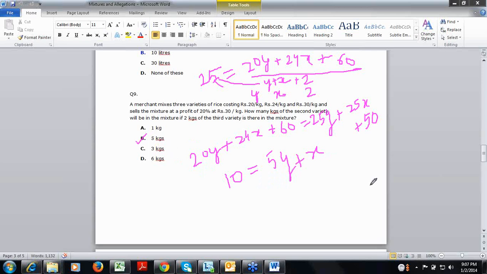This is a typical question of two variables and one equation. This can be solved only when you have some underlying stated fact that someone is an integer or a natural number. So now solve this and only option B will satisfy this equation.